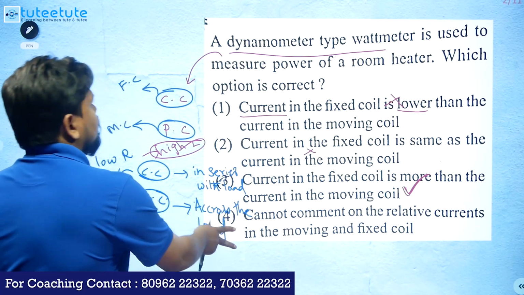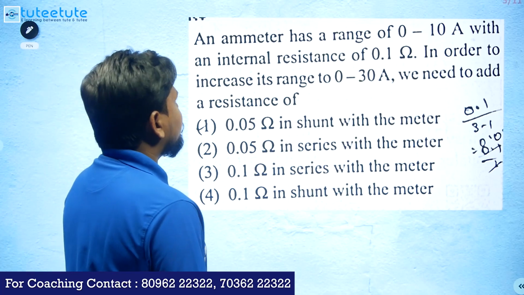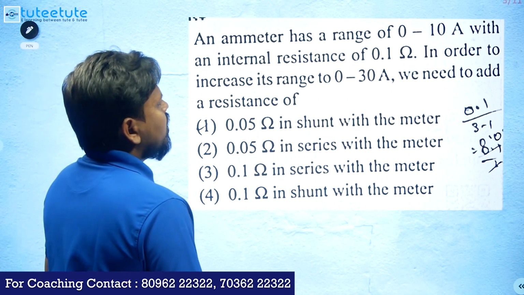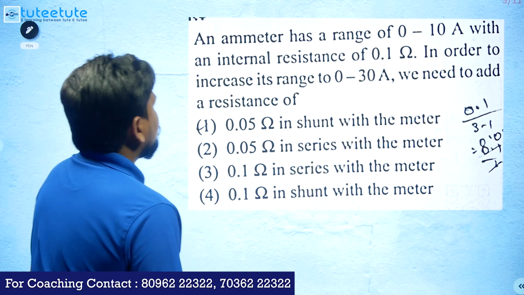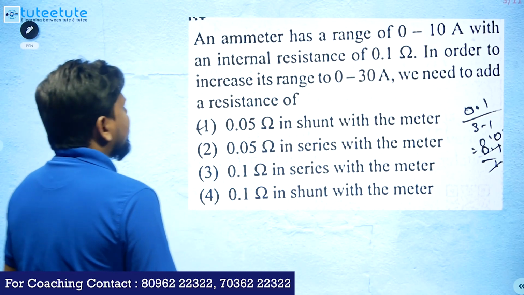Okay, next question. An ammeter has a range of 0 to 10 amperes with an internal resistance of 0.1 ohm. In order to increase its range to 0 to 30 amperes, we need to add a resistance of.